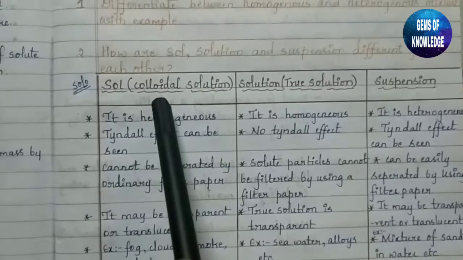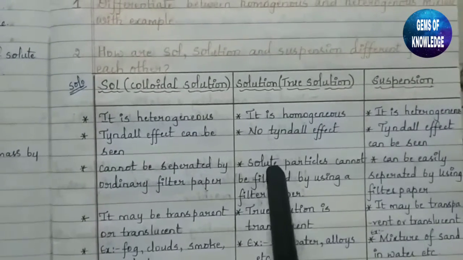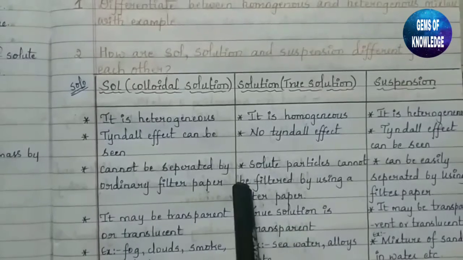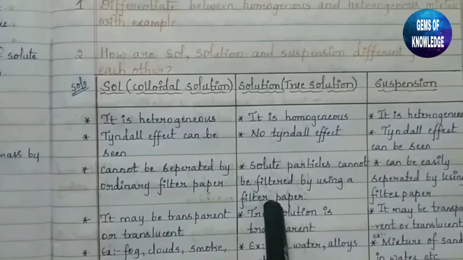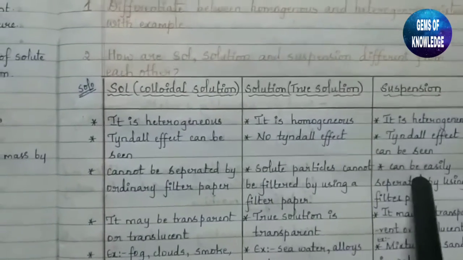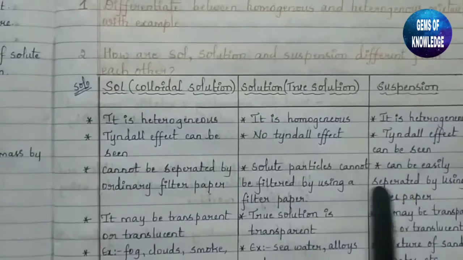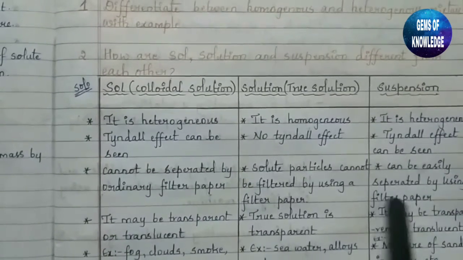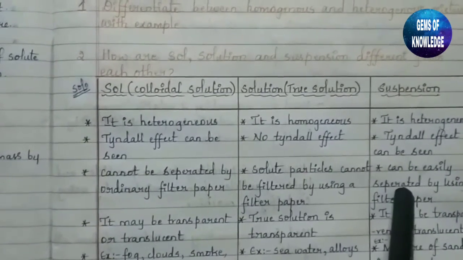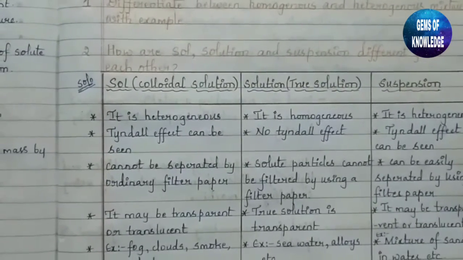Colloidal solutions we cannot separate by ordinary filter paper. Coming to the solution, solute particles cannot be filtered using a filter paper. Here also we cannot filter it using a filter paper, but the suspension we can filter. See here, it can be easily filtered and separated using a filter paper. So suspension is a thing which can be easily separated using filter paper.